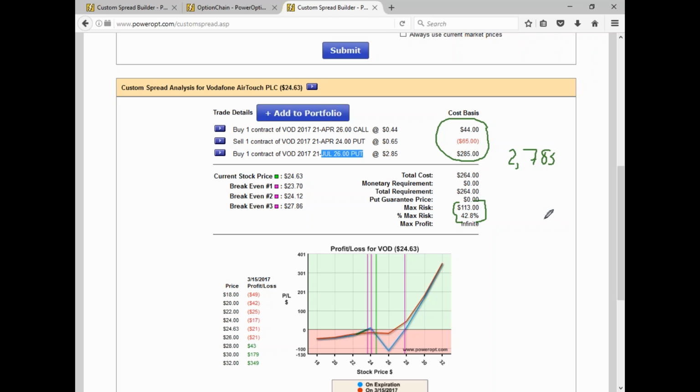But again, if I had a $2,000 account, I probably would have only done 200 shares and 2 puts and be risking only 5.4% on the position, or roughly about 1.5% of my total portfolio value. First off, and I don't need to be obvious, we've got a 10-to-1 monetary ratio. A lot of people say, well, that's fantastic. That's a much better trade because you're using a tenth of the profit.